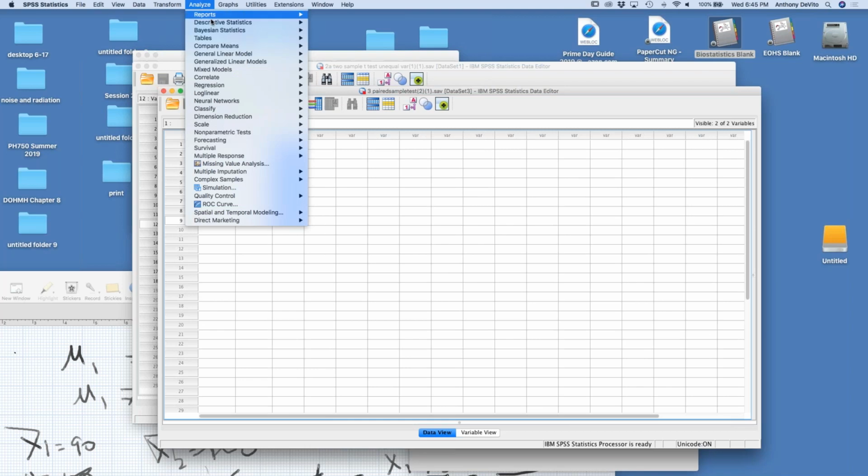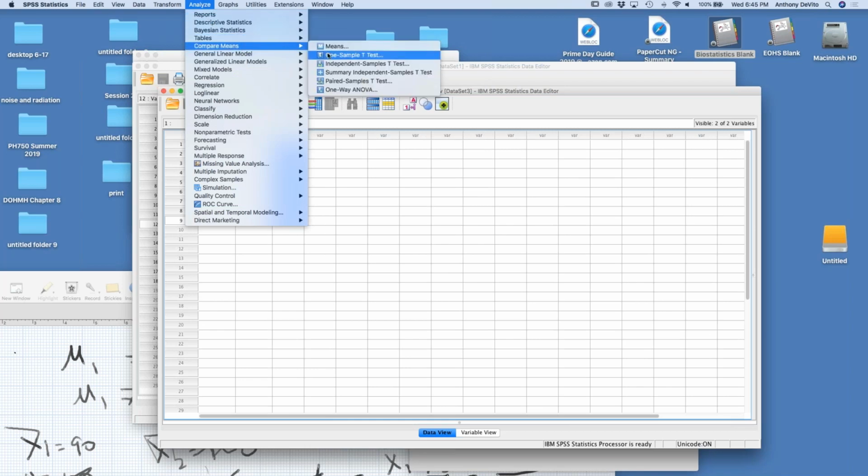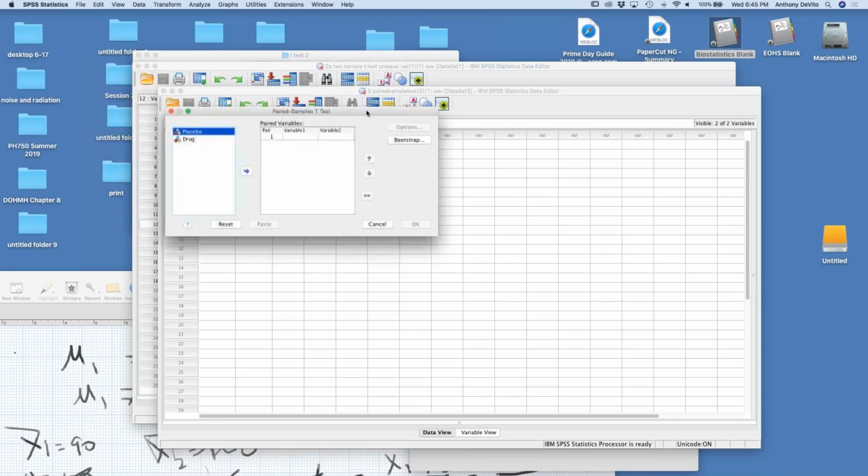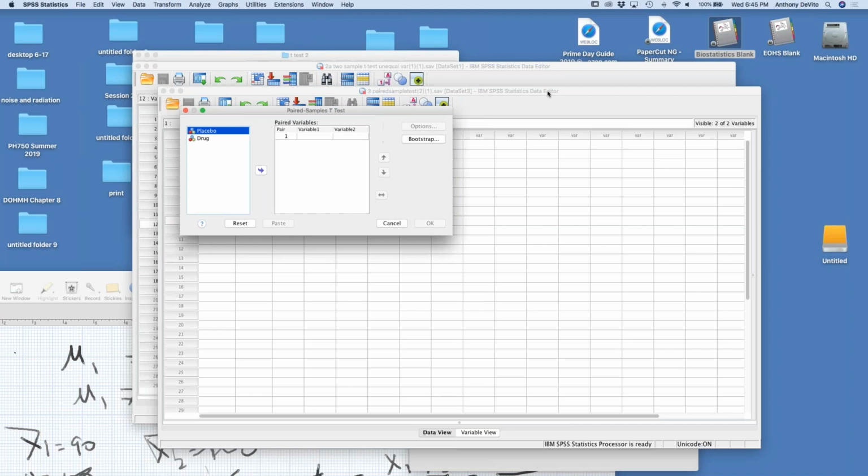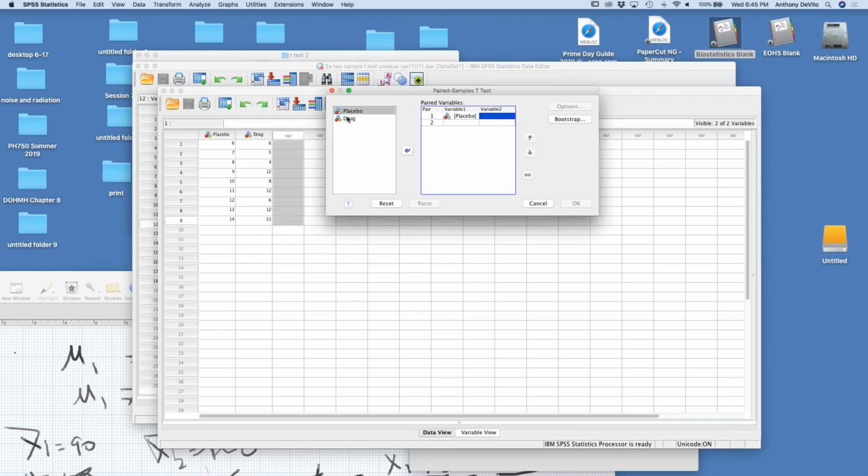We can use a one sample t-test on here if we made another column with the differences. We have another way, we just can go right down here. In this, it's going to wait for me to tell it both values, placebo and drug, compared to one another. Okay, let me click OK.